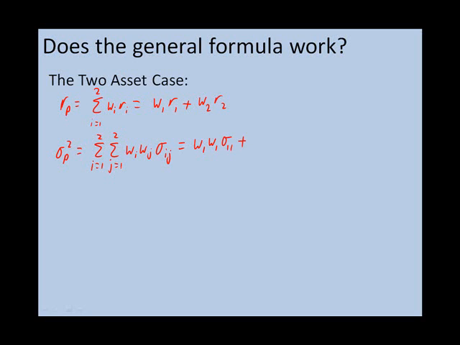Suppose we set j equal to 2. We're going to now get W1, W2, sigma 1,2. Now we can set i equal to 2 and reset j equal to 1. We get W2, W1, sigma 2,1, plus, now let's set j equal to 2 as well. We get W2, W2, sigma 2,2.